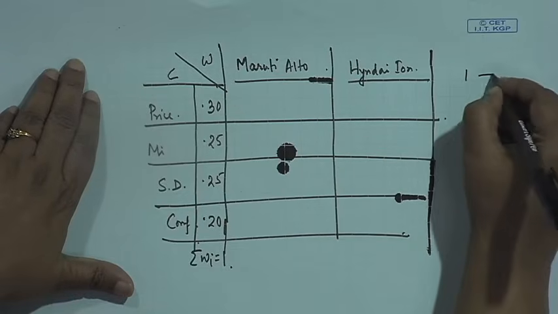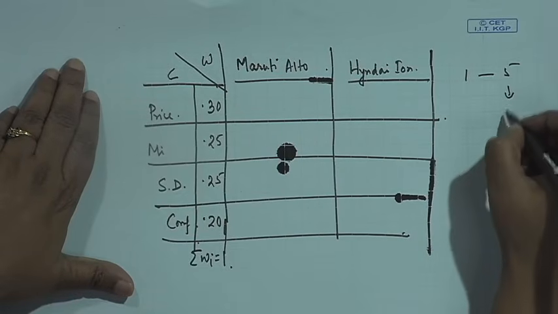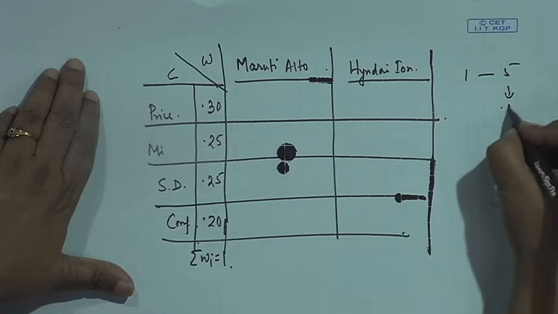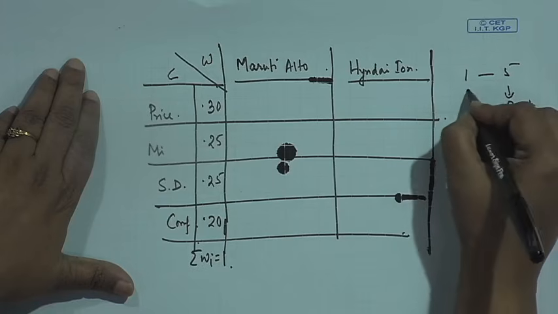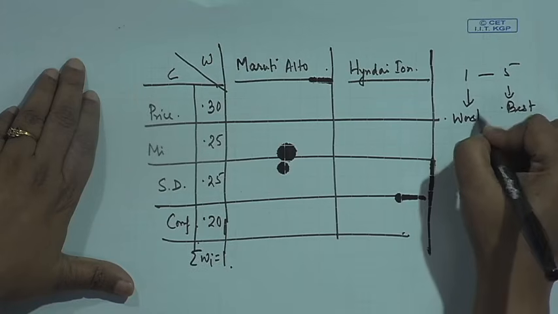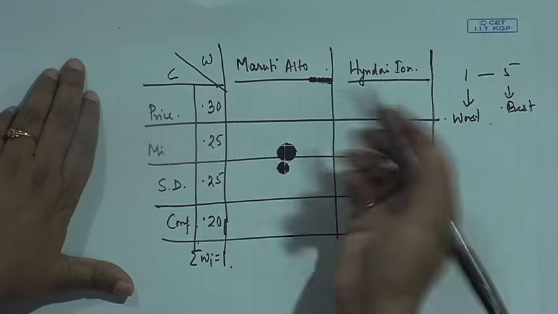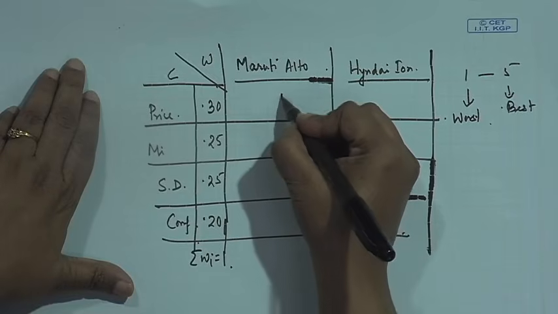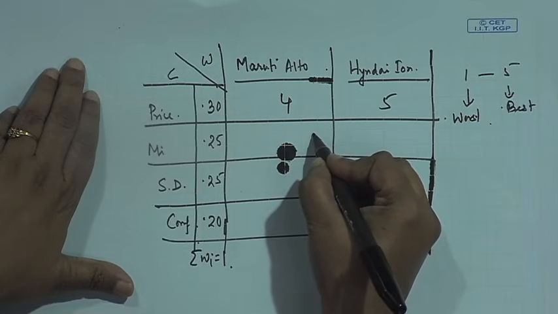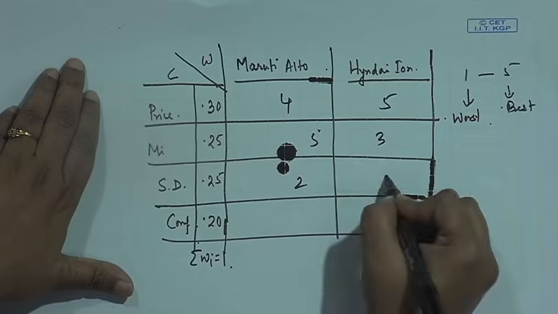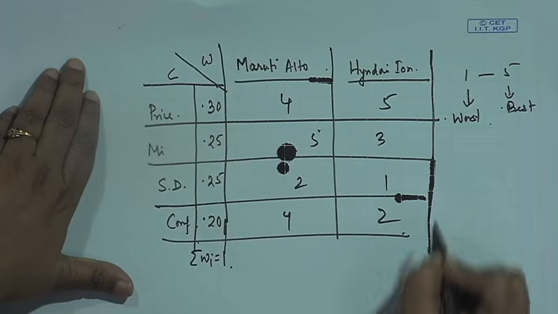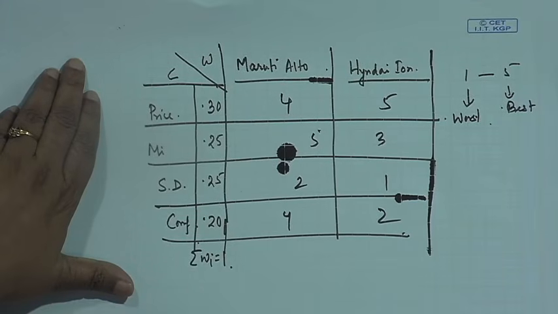Now I ask him to rate on a 5-point scale, 1 to 5, where 5 is best or excellent and 1 is worst, with the other points in between. So now he gives, say, Maruti Alto 4, 5, 2, 4.